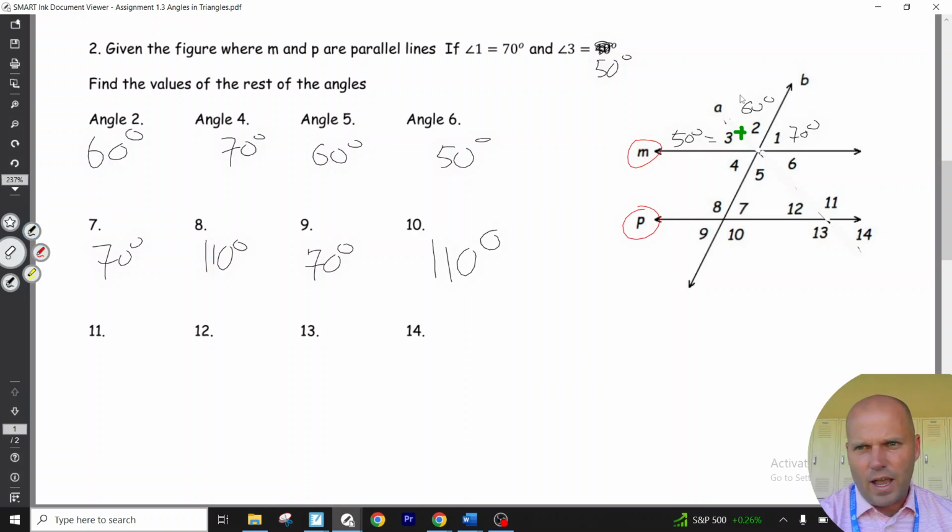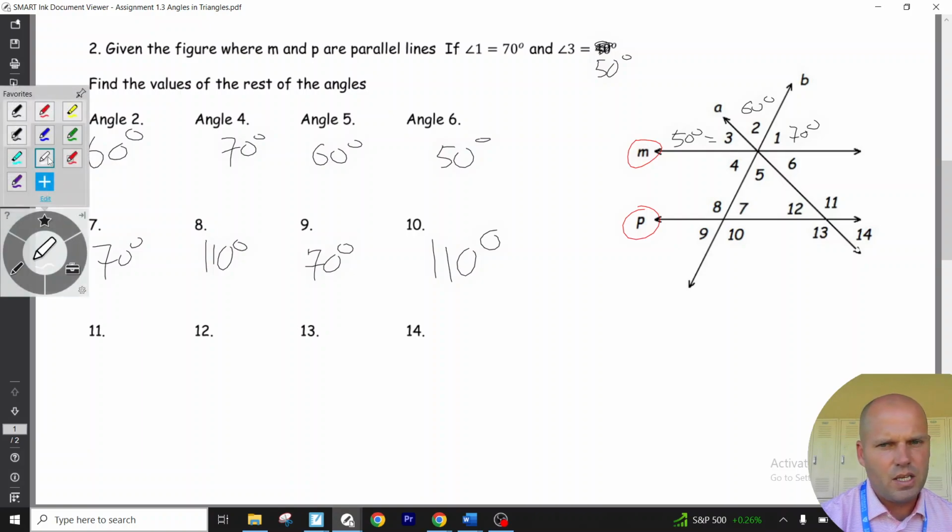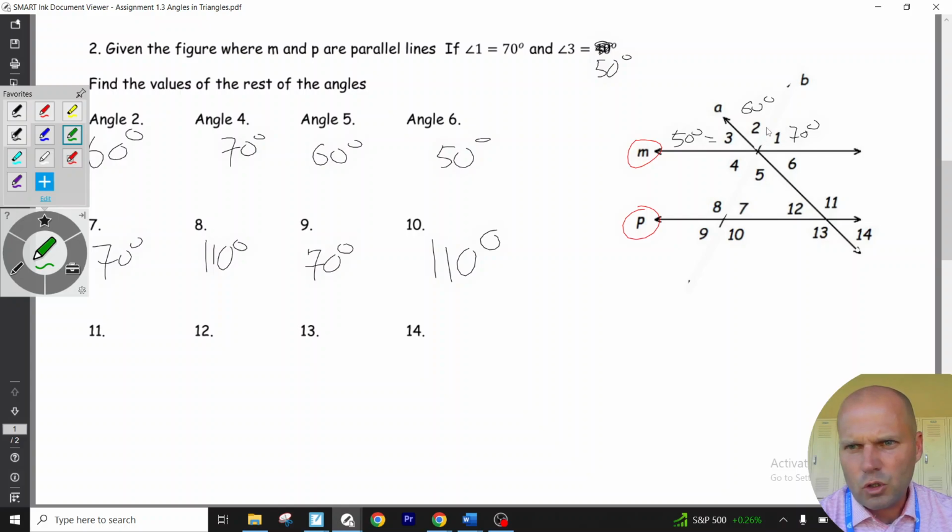And then if we go and hide the transversal line B, we could see that we have angles 2 plus 1, which is equal to 4 plus 5, and we have angle 3, which is equal to angle 6.